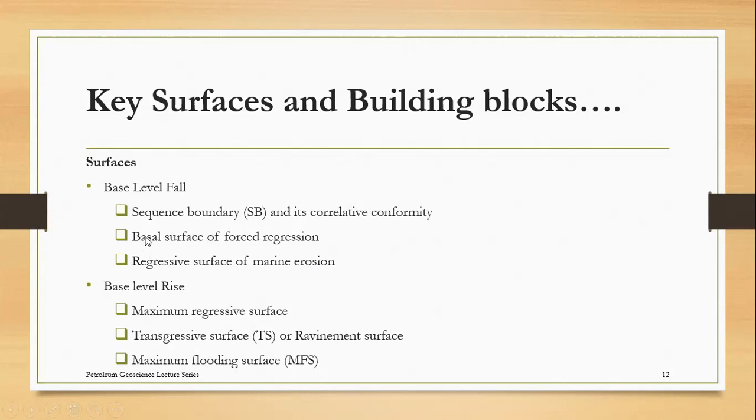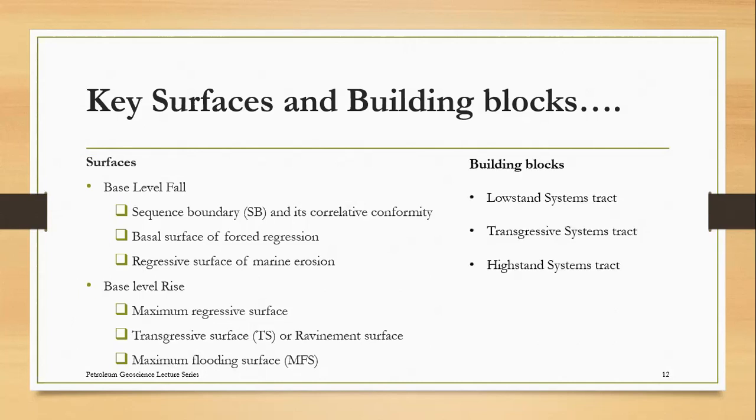Then you also have your basal surface of forced regression and the regressive surface of marine erosion. And when the base level is rising, you have the maximum regressive surface, the transgressive surface, which people also call ravinement surface, and then your maximum flooding surface. For emphasis, this maximum flooding surface is at the point where the sea level is at its maximum position landward, right? The point where it gets to and no longer goes further into land, it now wants to go back basinward.